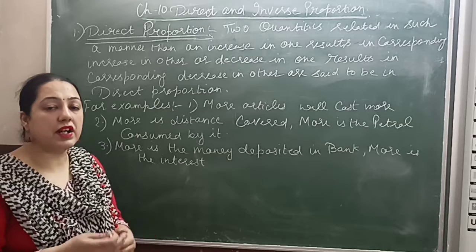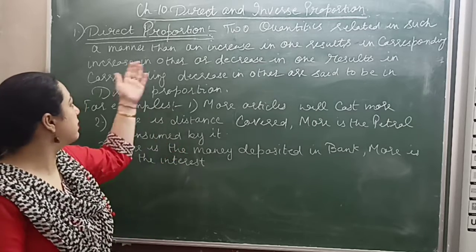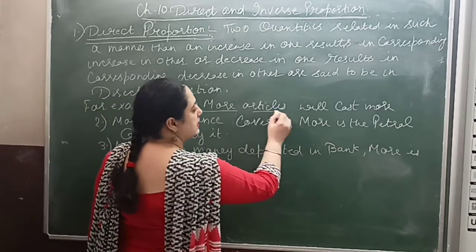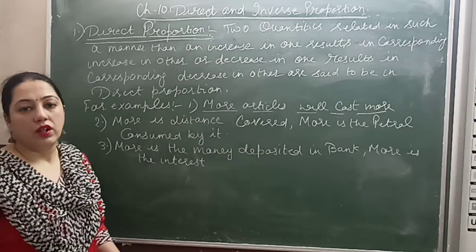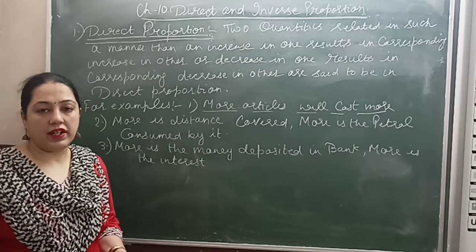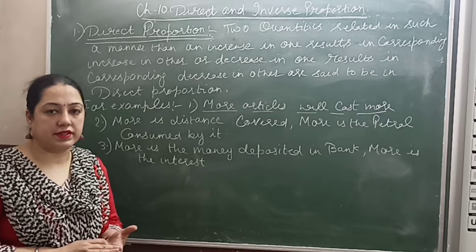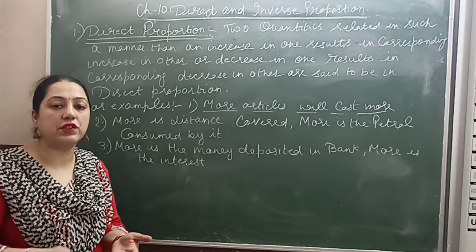In our daily life, there are so many situations which are based on direct proportion. The first example is, more articles will cost more. For example, if you buy some pens, and the cost of one pen is 10 rupees, and you have to buy 10 pens, then you multiply 10 into 10.